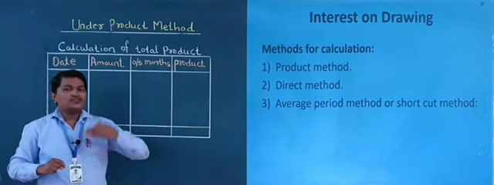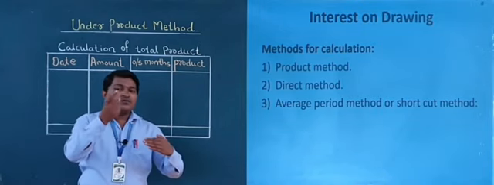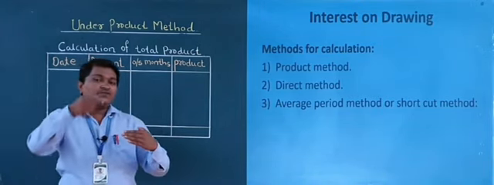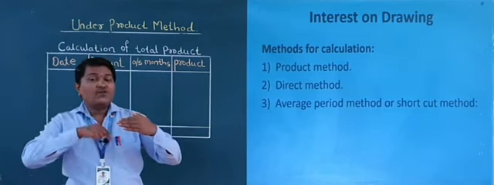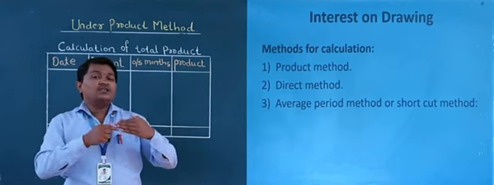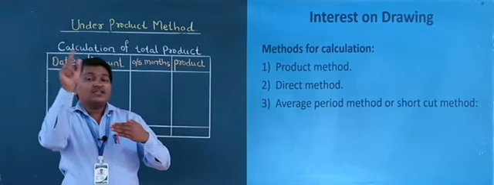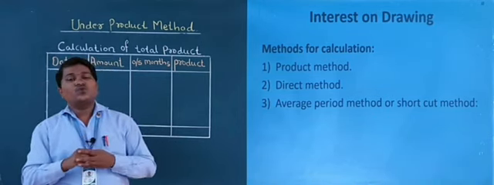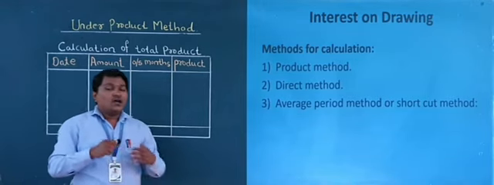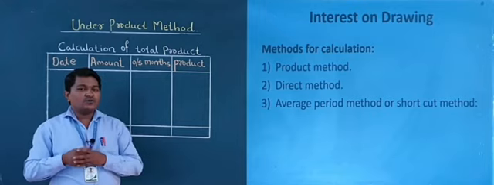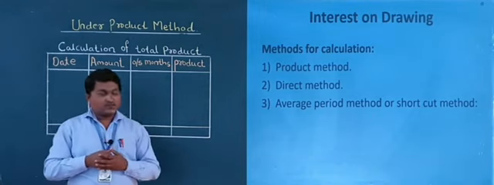Suppose he withdrew 10,000 and while returning he returns 11,000, then the extra 1,000 is called interest on drawing. So in this class, let's discuss how we calculate interest on drawing.